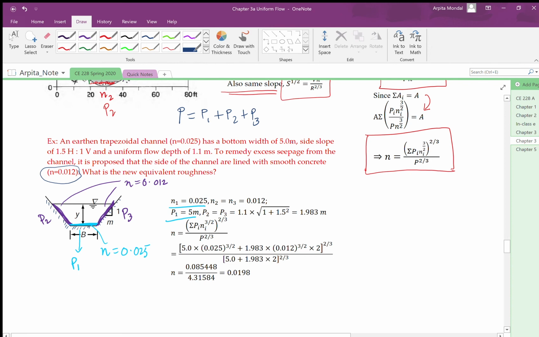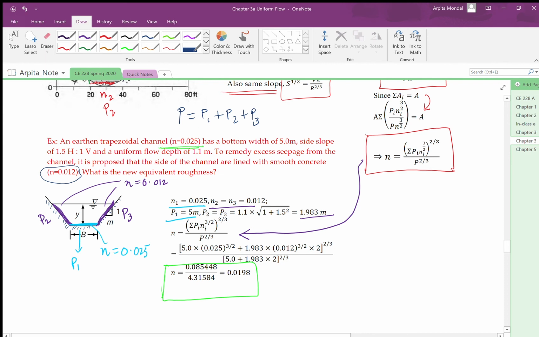P2 is equal to P3, and that comes out to be 1.983 meters. N2 and N3 are given to us as 0.012. Then we use this formula that we have derived here, plug in all the values of the individual wetted perimeters as well as the individual roughness coefficients, and this gives us an equivalent roughness of 0.0198. So it's a little lesser than the earthen material.